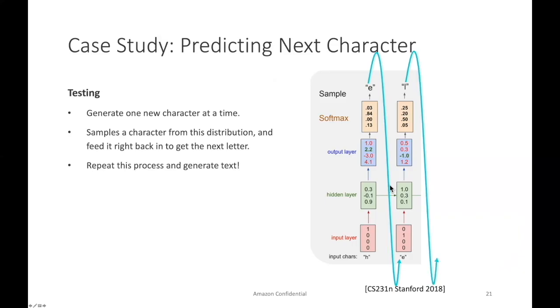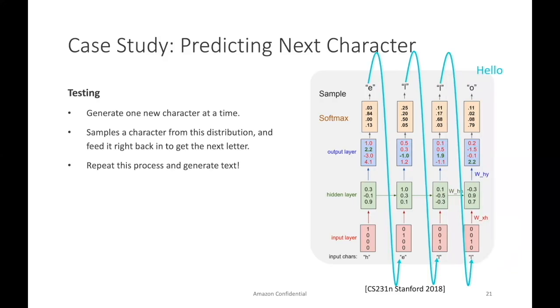We keep doing that, continuously feeding the letter generated at the previous time step into the RNN, and that helps us generate the overall text. This is called autoregressive generation. Autoregressive means that you take the result of the previous time step and use it as input to the next time step to generate again.